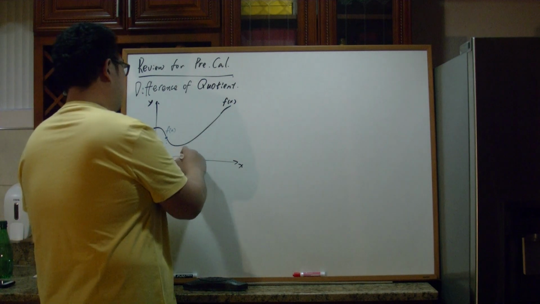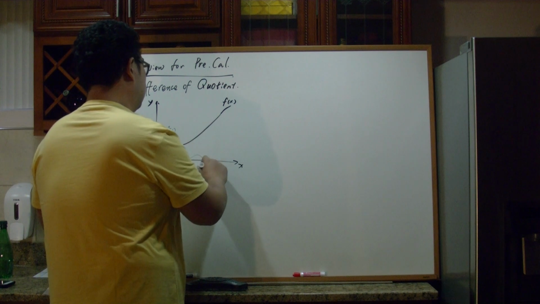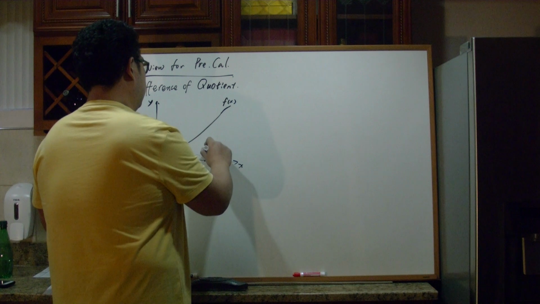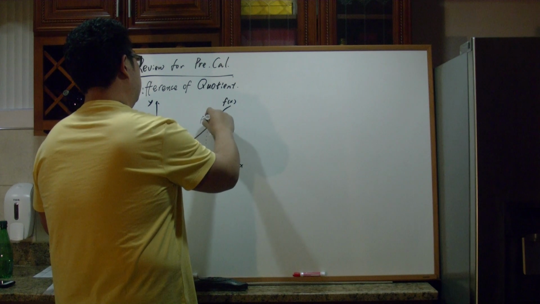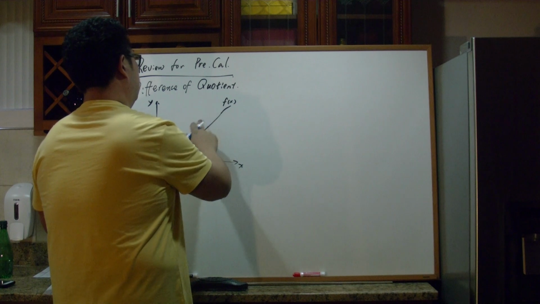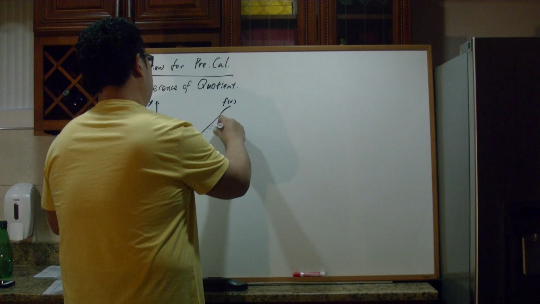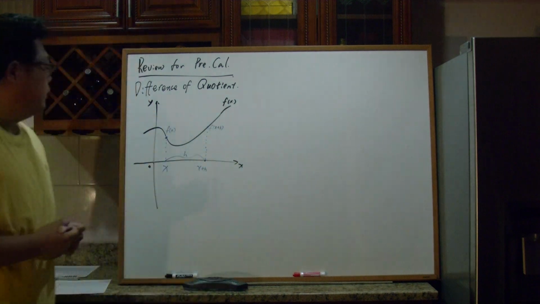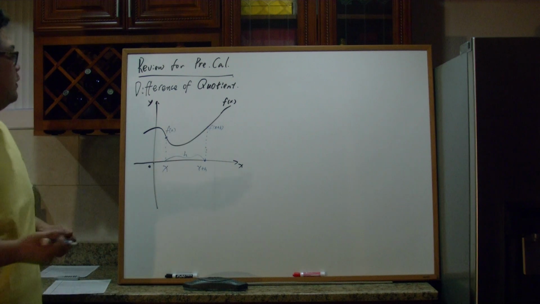Then we go a distance called h, and the second point is called x plus h. There is a y value corresponding to it called f of x plus h.